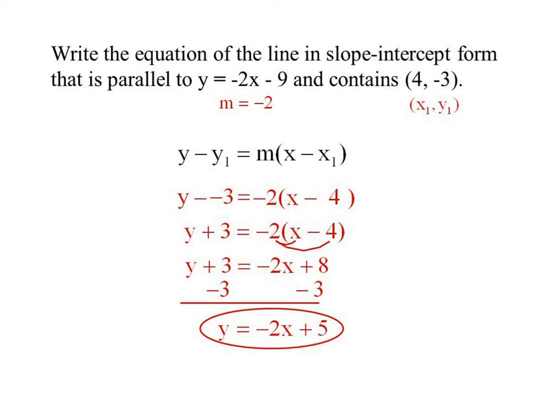Then we substitute and convert it to the y-intercept form: y equals negative 2x plus 5. Since they are parallel, the slope must be the same, and we can notice that from the first equation and the second equation, it's the same slope.